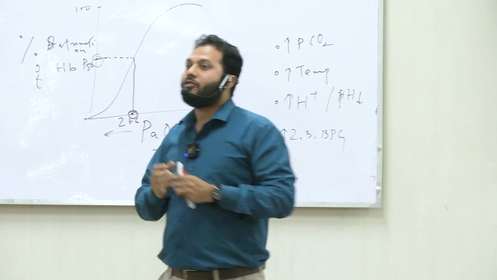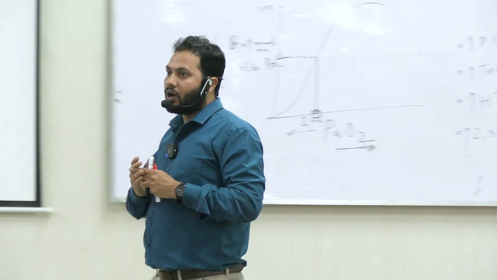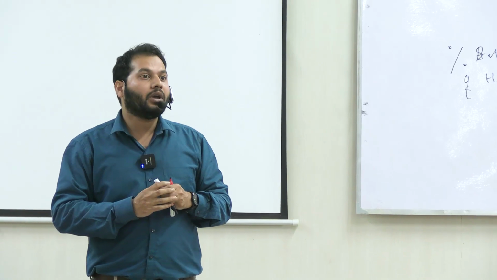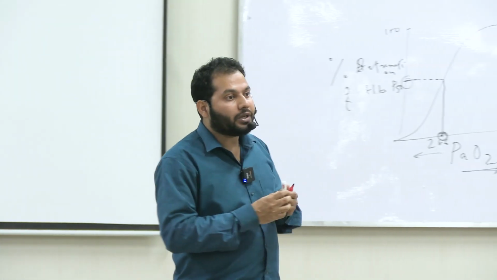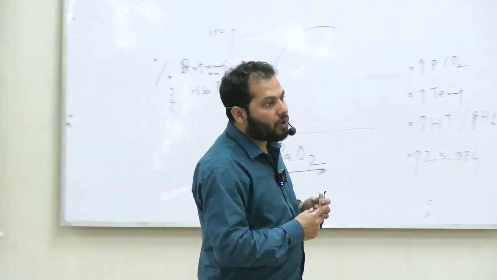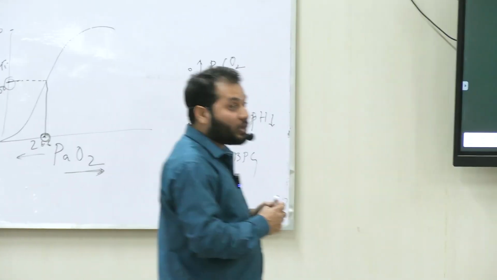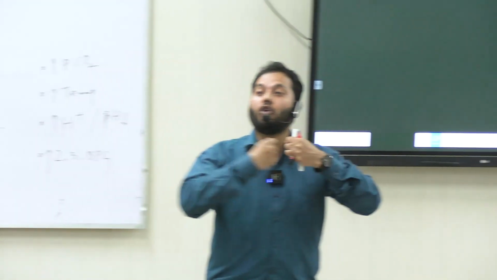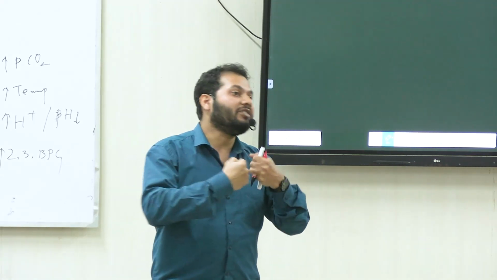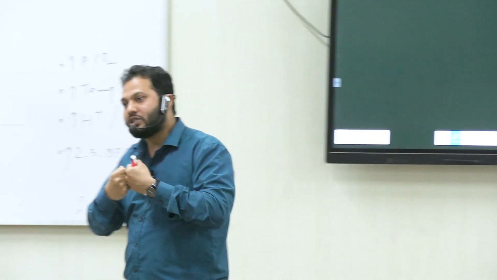It means full or 100% saturation of hemoglobin needs more oxygen molecules, or the unloading of oxygen from hemoglobin will be more in comparison to the unloading of oxygen from myoglobin, because the affinity between myoglobin and oxygen is much more than the affinity between hemoglobin and oxygen.